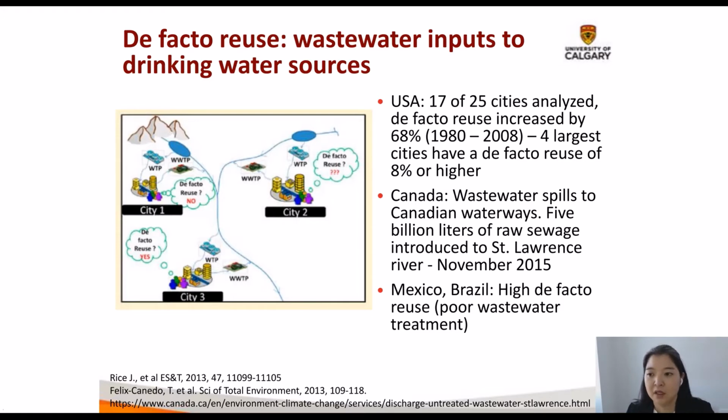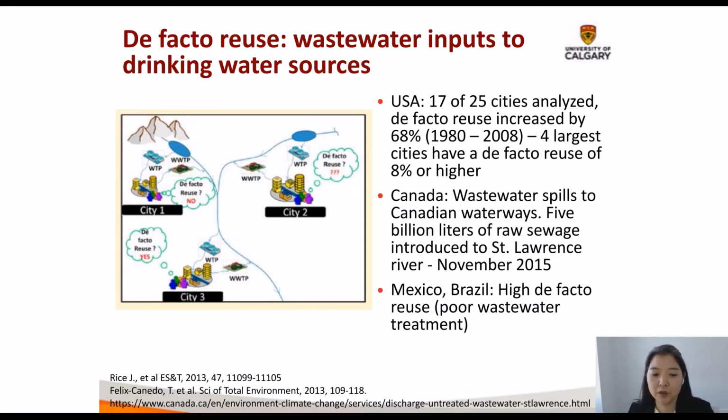For example, in this graph, we can observe that City 1 obtains its source water from a reservoir that's fed by snowpacks and glaciers in the mountains. They're coming down the mountains, similar to the city I currently live in, Calgary. Calgary then uses this water and produces wastewater, which is treated and then returned to the river.